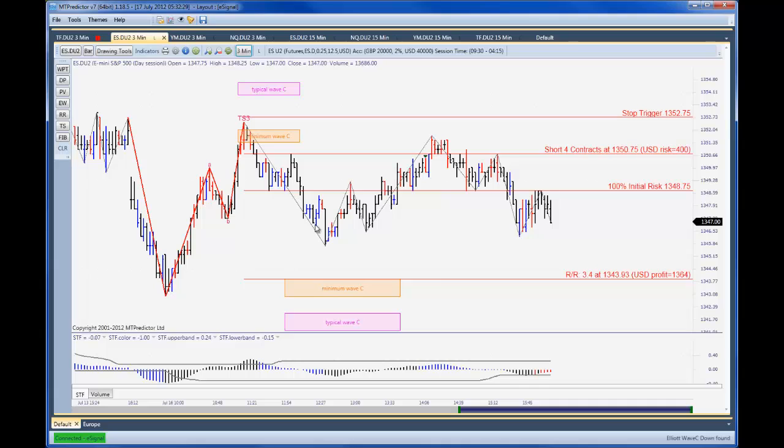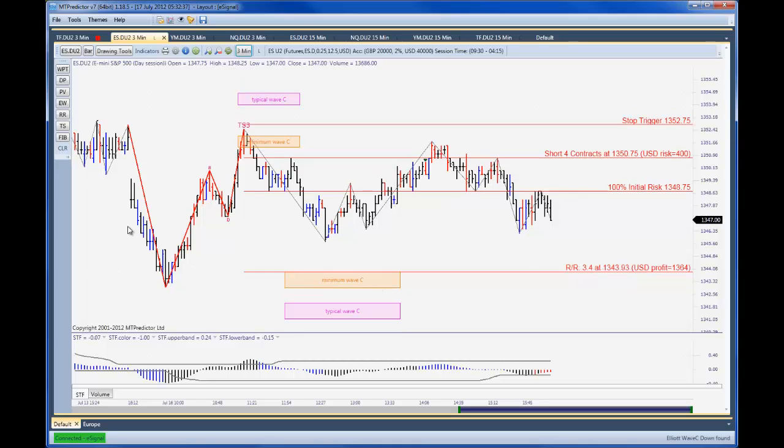Market comes down very nicely, but doesn't reach our first target. Now the question being is, what can we do in a circumstance like this? Well, the tip I gave yesterday is that very often when a market does not reach its first target, it will reach the DP from the prior wave B low.